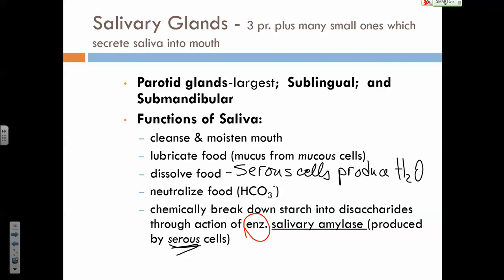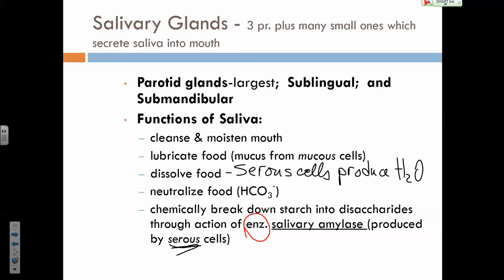It's going to start tasting sweet because disaccharides are sweet, like sugar. Your sugar in your sugar bowl is a disaccharide. Disaccharides are sweet tasting. And you can prove that, oh, I've got some chemical activity going on in the mouth, because it starts off as a starch and then it becomes a double sugar. And it's through the action of that enzyme.